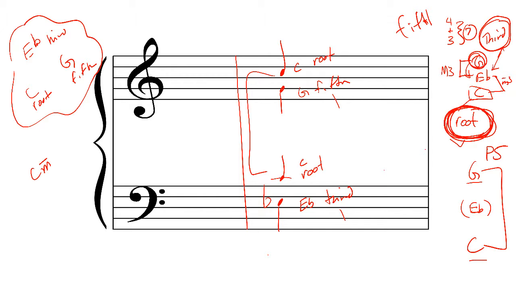But there's something else that's important about how music works, and that is which note is in what we call bass position. The bass position is the lowest sounding note. And in this case, the third of the chord is in the bass position.